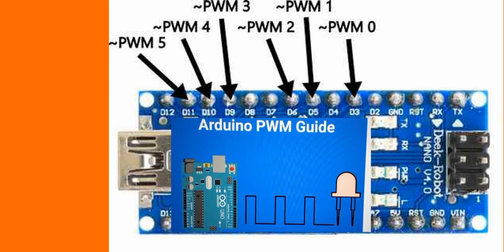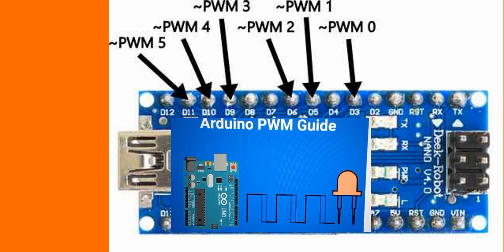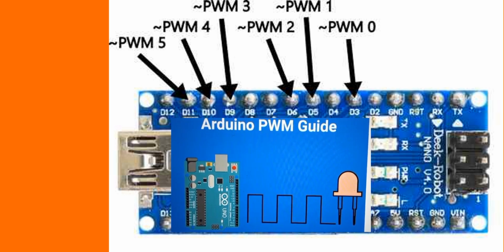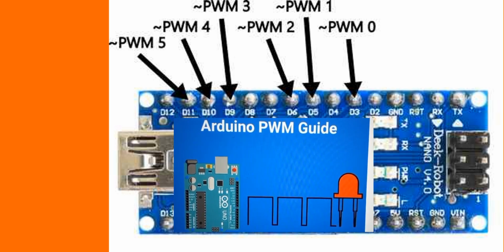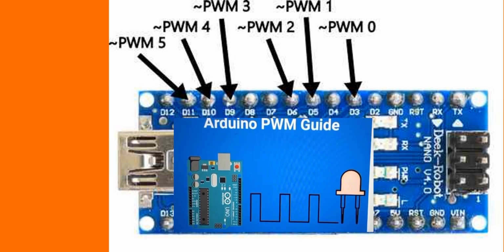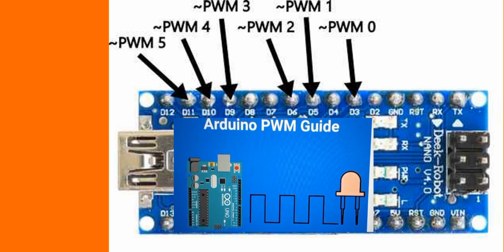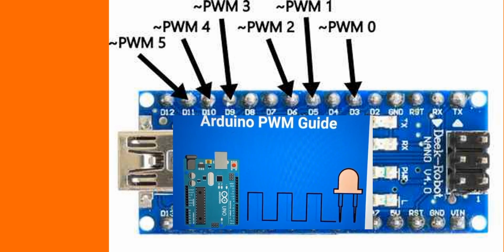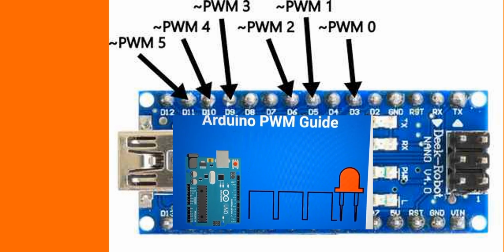PWM is pulse width modulation. Modulation is a technique where a digital signal is switched on and off rapidly to simulate varying analog output levels. Example, dimming lights and controlling motors are the examples.